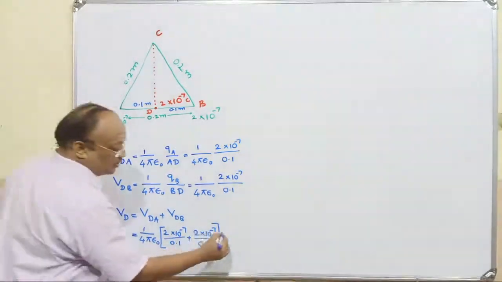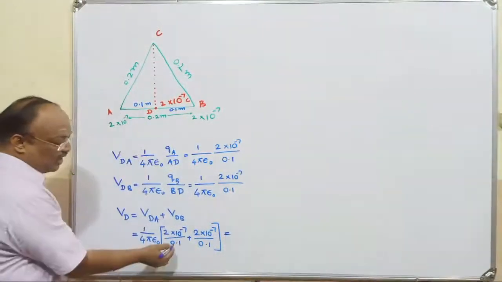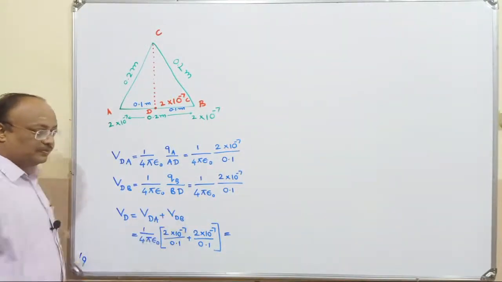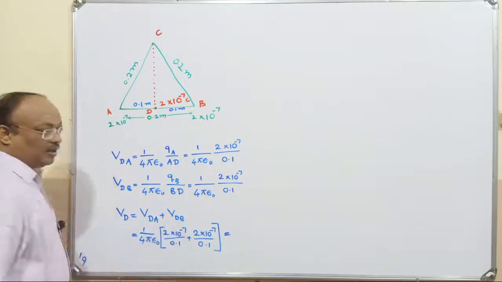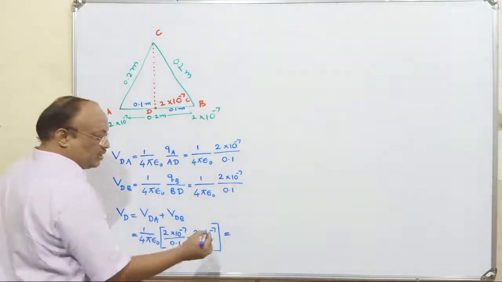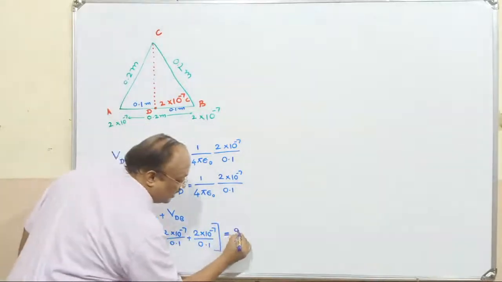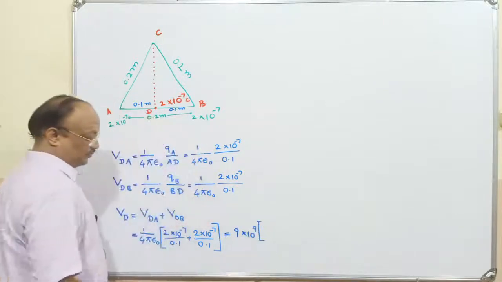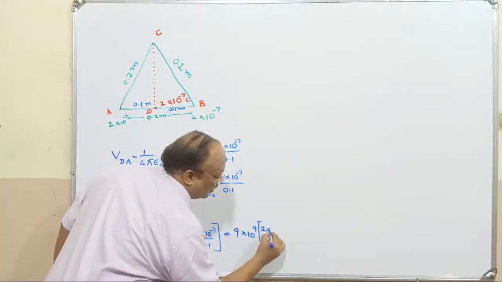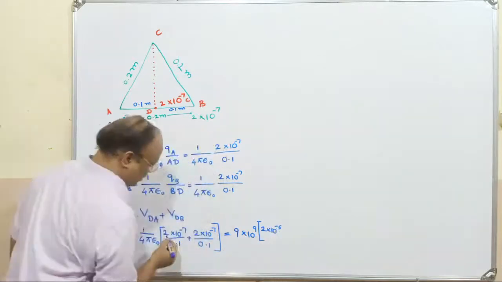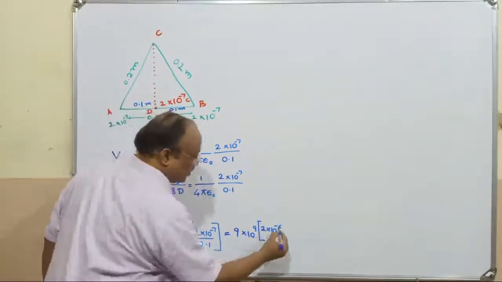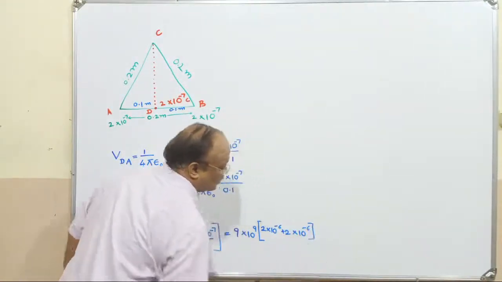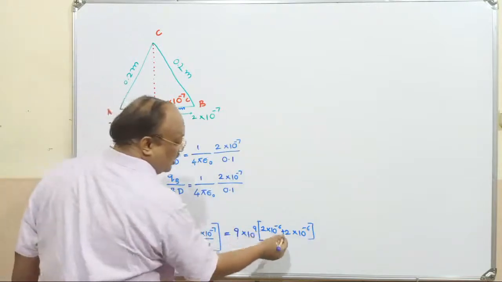Okay, so 0.1 means 10 to the power of minus 1. If it goes up, it will be 10 to the power of minus 6. So it will be 9 into 10 to the power of 9, 2 into 10 to the power of minus 6 plus 2 into 10 to the power of minus 6.